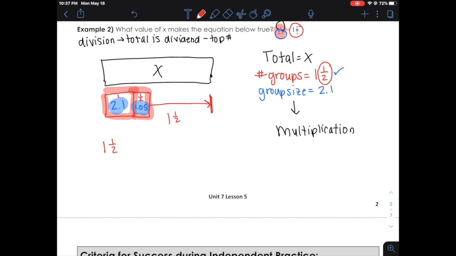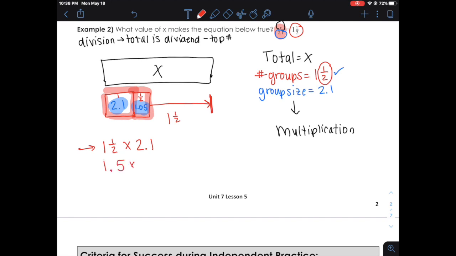So I'm going to multiply 1.5 times 2.1. So since we have a decimal and we have a fraction, I would like to change them both into the same type of unit. So I'm going to change 1.5 into a decimal just so that I can enter it into a calculator.